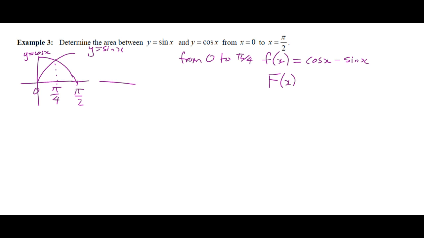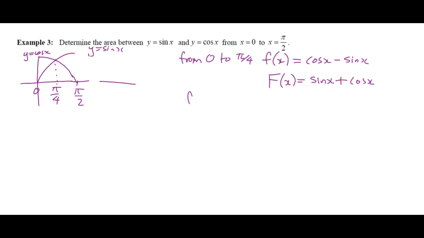So capital F of x is what? Well, derivative of sine is cos, derivative of cos is minus sine, so we get sine x plus cos x. So from 0 to pi over 4, we're looking for this, we're doing sine x plus cos x.